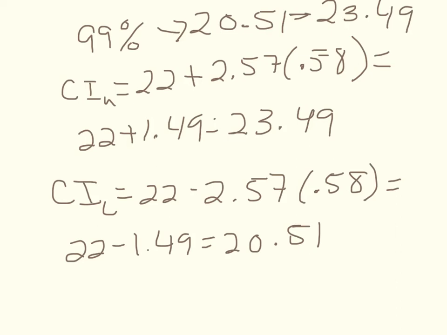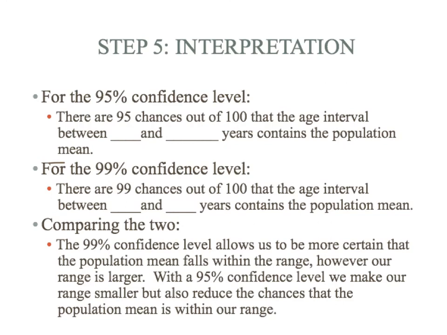So how would I interpret this? Let's talk about that for a second. For the 95% confidence interval, I would say there are 95 chances out of 100 that the age interval between 20.86 and 23.14 years contains the population mean.